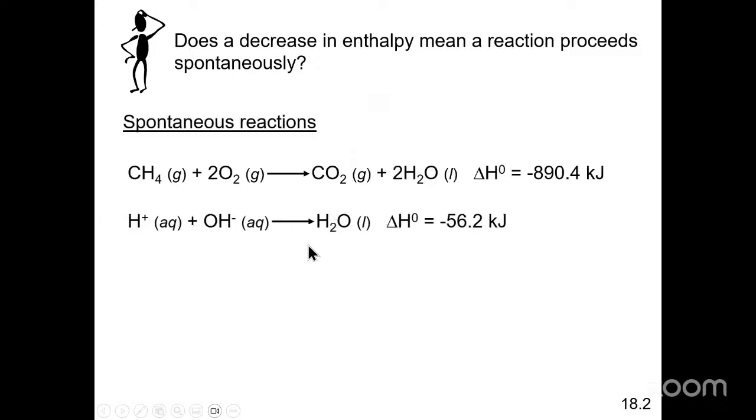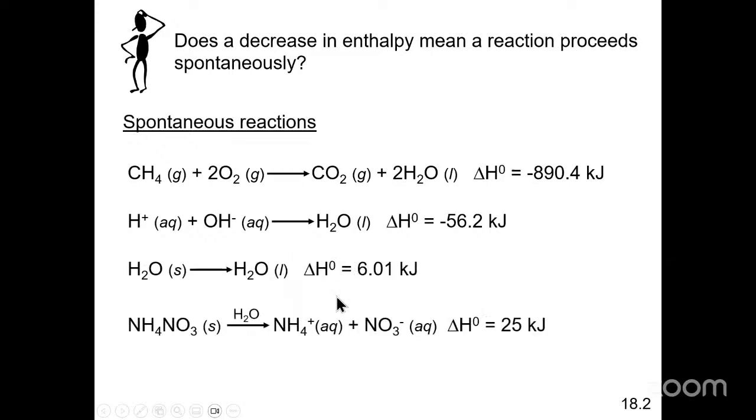So these are just a few examples. All these reactions here are spontaneous processes along with their enthalpy change values, right? And what was observed, generally speaking, if you do a broad survey of reactions and examine the enthalpy change, is that most of these reactions are either exothermic, as in the case of the first two, or they're endothermic, but the value of delta H is a small positive value.